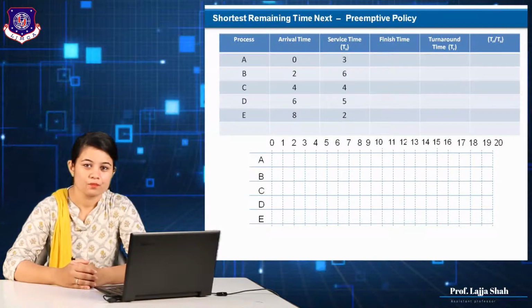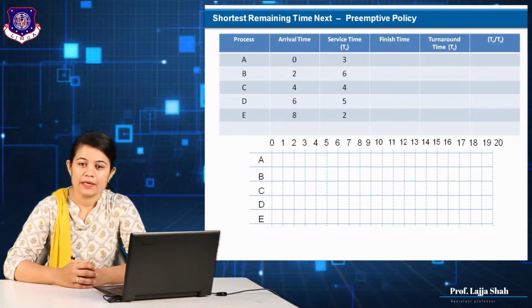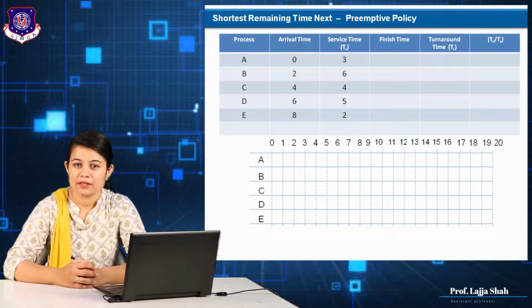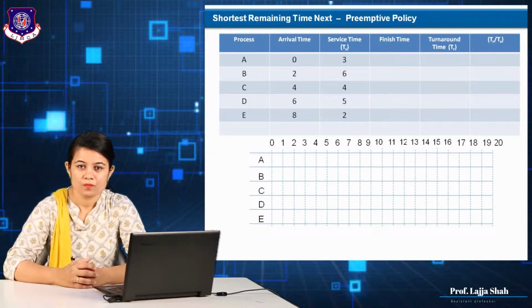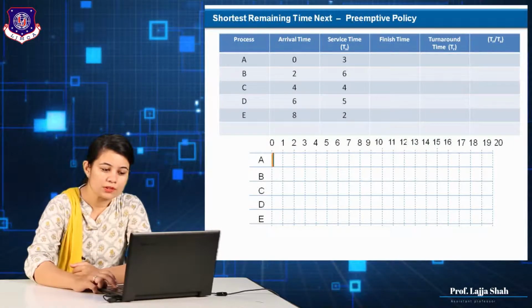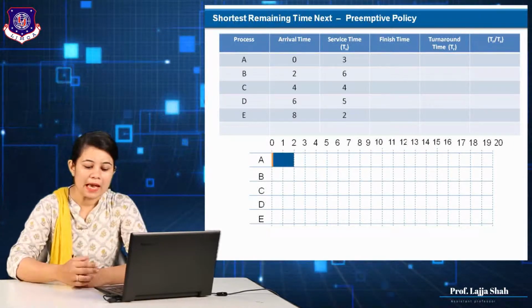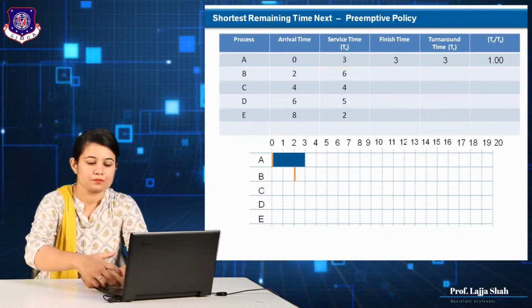So let's start. The current time is the 0th second. At the 0th second, there is only one process for execution, so there is no need to check anything. Process A will be executed for 2 seconds.